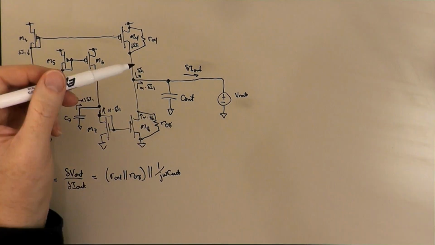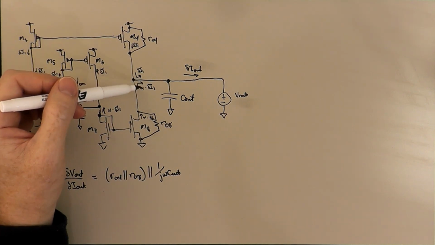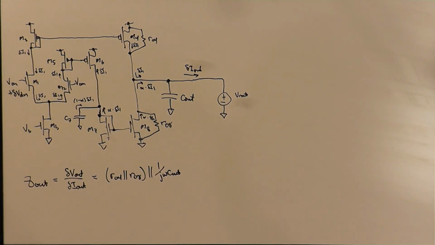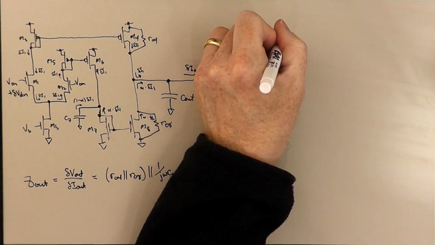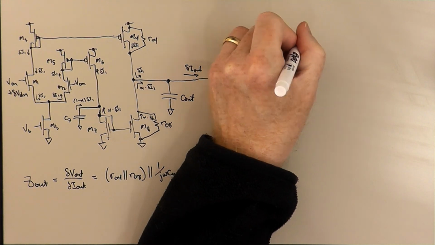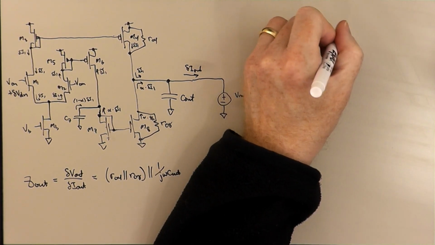So whereas before we had 1 plus 1 times delta I1, we now have 1 plus alpha times delta I1. And so we're going to have to figure out what this alpha is. Okay, so for the GM part of the calculation, we have that delta I out is equal to 1 plus alpha times delta I1.